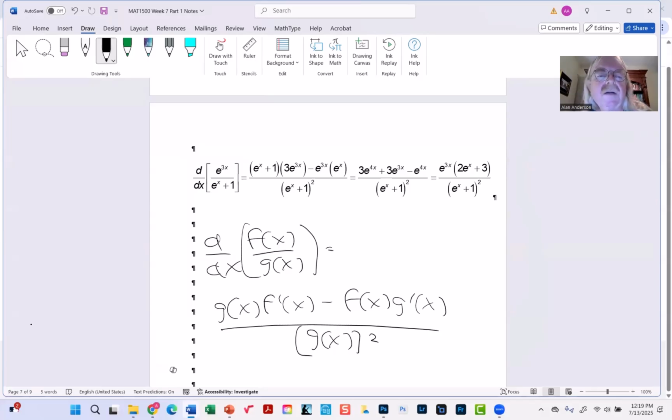Okay. So in this case, f of x is this piece, and g of x is e to the x plus 1.